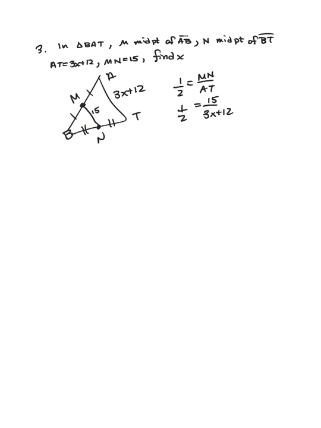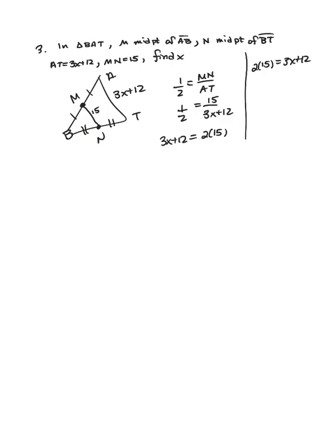Okay, you could also do this without proportions. Your other option is just to double the 15 and set it equal to 3x plus 12. So I get 3x plus 12 is 2 times 15, or 30.